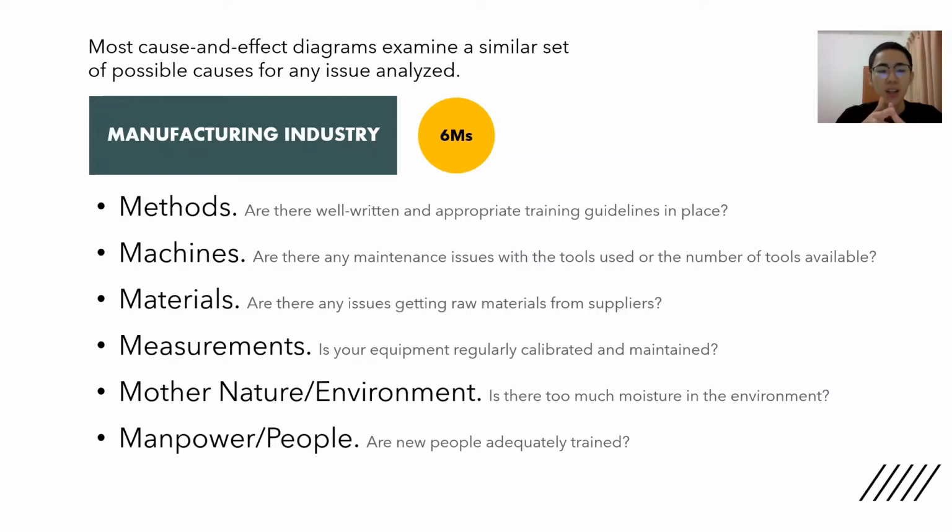For the machine, are there any maintenance issues with the tools used or the number of tools available? For the materials, are there any issues getting raw materials from suppliers? And next, for the measurements, is your equipment regularly calibrated and maintained?